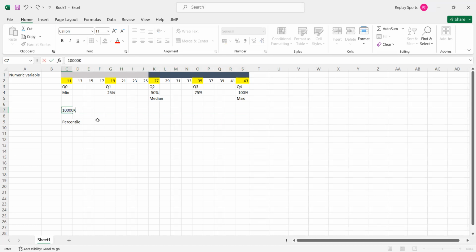We're talking about a numeric variable, right? So each block will have 100 values, isn't it? So 100 values together is called 1 percentile.